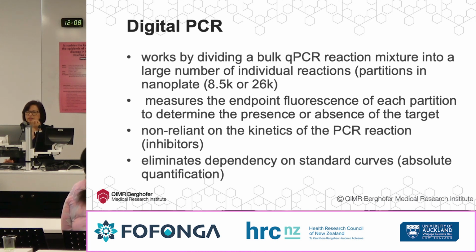What the instrument does is partition it into 8.5 thousand partitions in the nanoplate, the new type of plate. And then it measures the endpoint fluorescence after the cycling has been performed. And this technology does not rely on the kinetics of the PCR, so it doesn't bother with your inhibitors. It's less sensitive to inhibitors, and of course we don't need to use a standard curve.